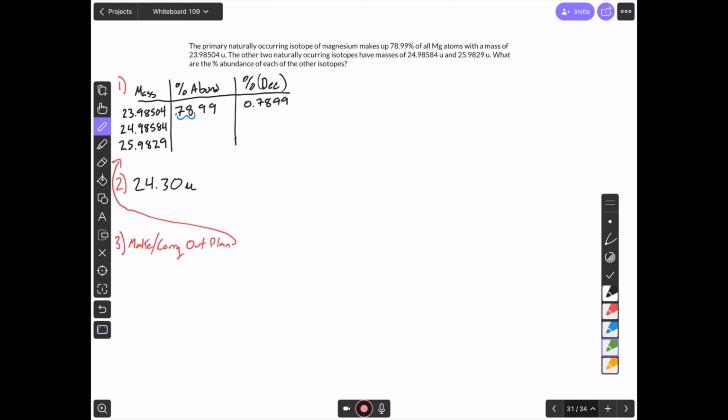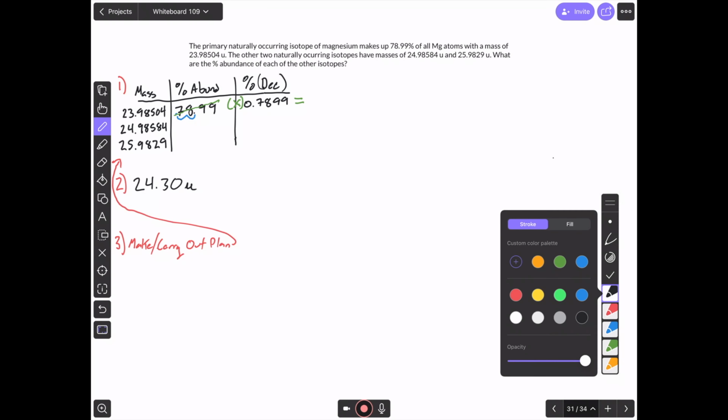And what would we normally do with that? Well, we would multiply the decimal percent by the mass and we would get a number. So let's carry out what we normally would. That's 23.98504 times 0.7899. That's going to be 4 significant digits, because that's the least amount between the 2 numbers we're multiplying.